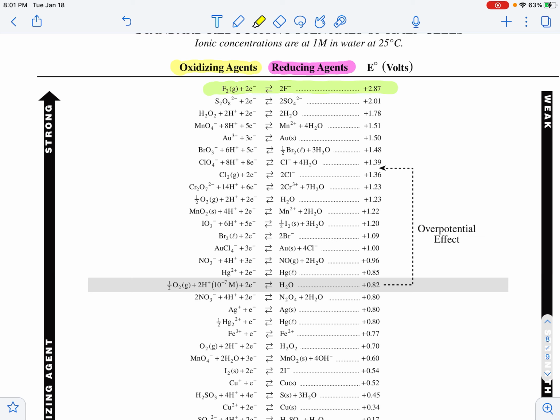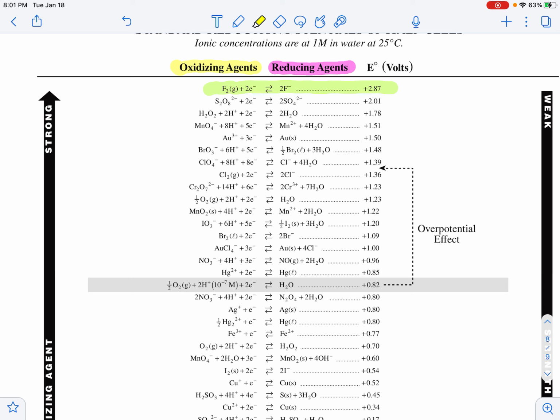F2 reduces really easily. F minus would oxidize very poorly. So if F2 is the strongest oxidizing agent in the universe, F minus is the weakest reducing agent in the universe. Those two are opposite to each other.